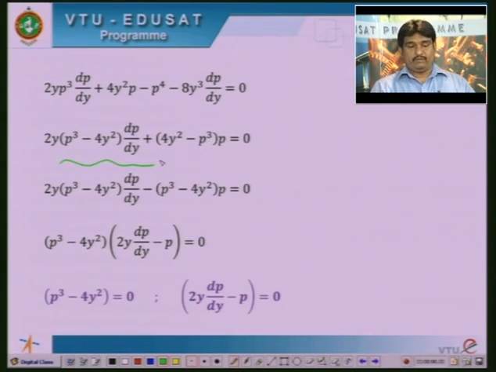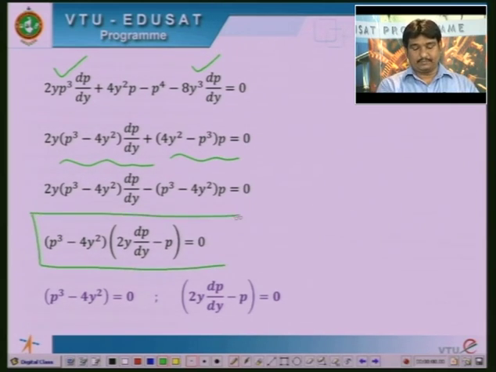Taking dp by dy common from the first and fourth terms, you get (2y times p cube minus 4y square) into dp by dy, plus the remaining terms (4y square minus p cube) into p, equated to 0. You simplify this to arrive at this result: (p cube minus 4y square) into (2y dp by dy minus p) equals 0.